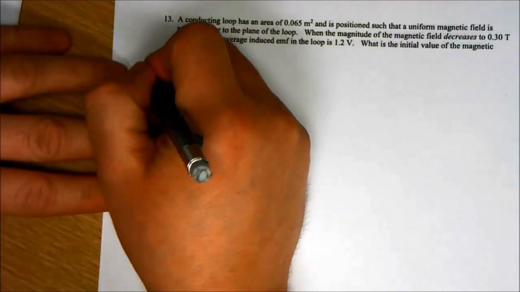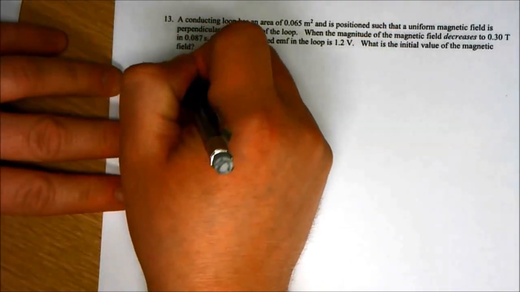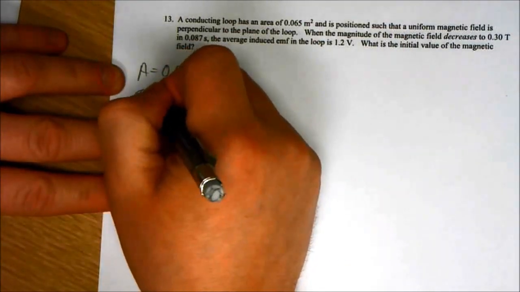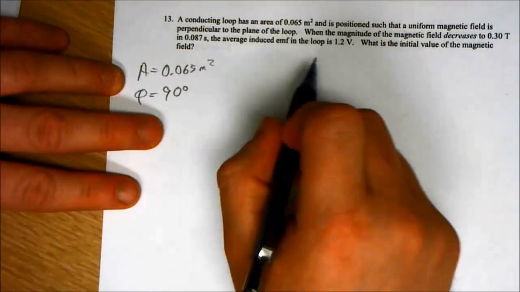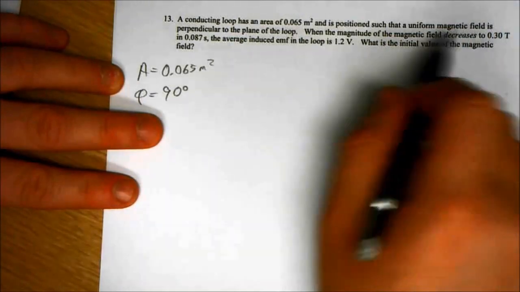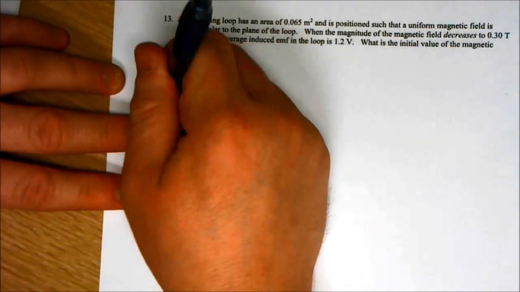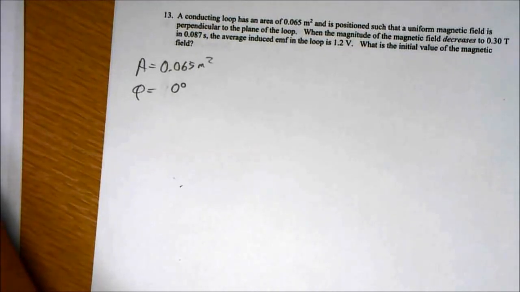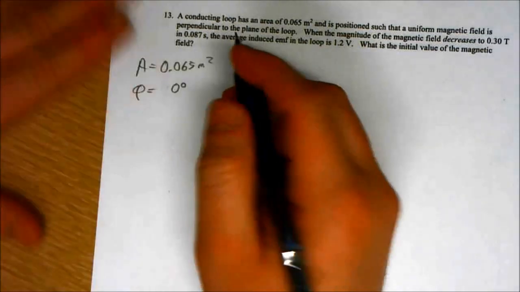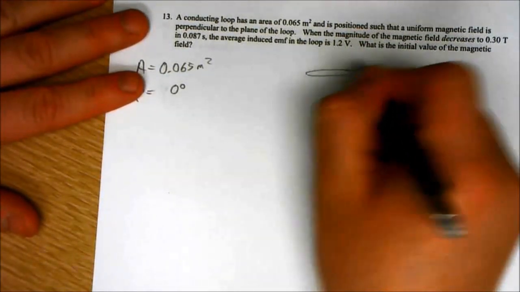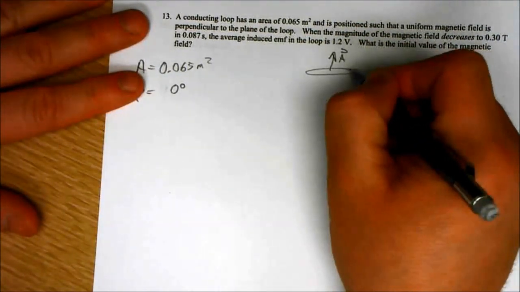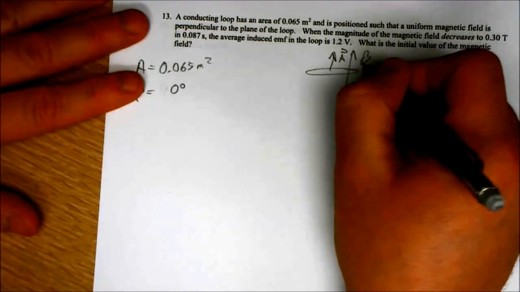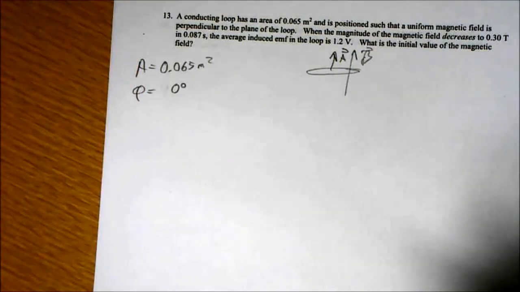Alright, so the conducting loop has an area of 0.065 meters squared. Phi is 0 degrees because the loop is perpendicular to the magnetic field, but the area vector is in the same direction. So loop, area vector, and magnetic field are in the same direction.